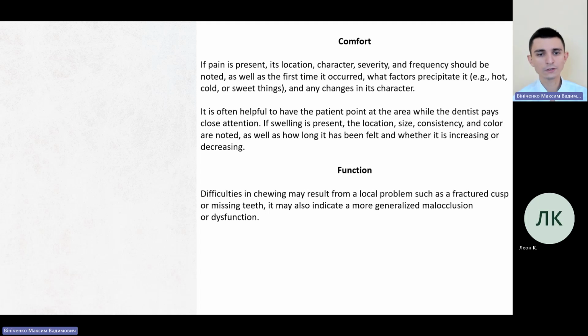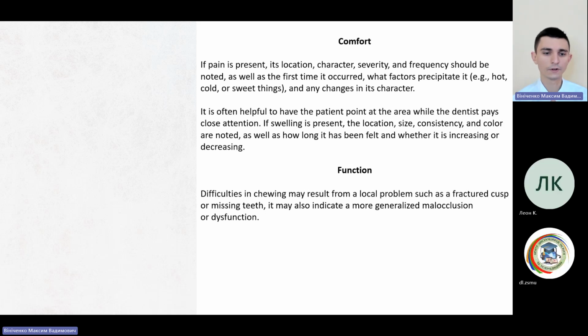If swelling is present, the location, size, consistency, and color are noted, as well as how long it has been felt and whether it is increasing or decreasing. Function. Difficulties in chewing may result from a local problem such as a fractured cusp or missing teeth. It may also indicate a more generalized malocclusion or dysfunction.